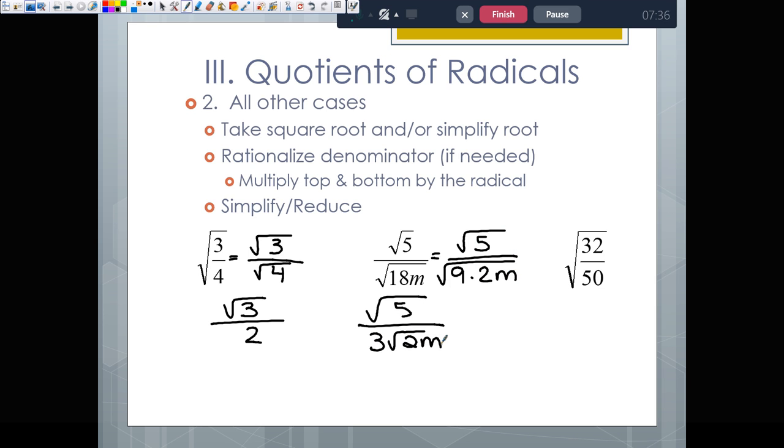So this is when we have to rationalize our denominator. We're multiplying both the top and the bottom by the radical. My radical on the bottom is square root of 2m, so I'm going to multiply the top by square root of 2m and the bottom by square root of 2m. Okay? So I'm going to get the square root of 10m on top, and then I'm going to get 3 square root 4m squared on the bottom.